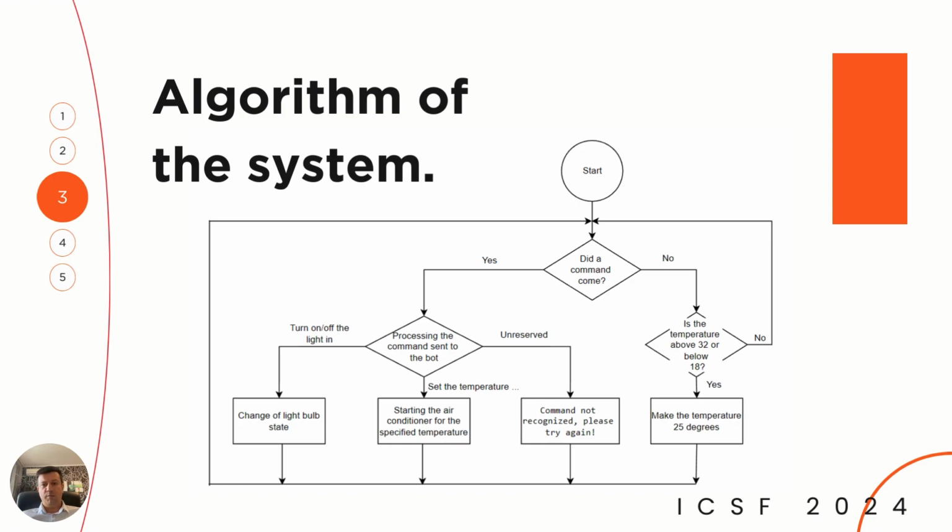Receiving a text command from a user, processing the text command using natural language analysis, next determining the action to be performed based on the processing of the text command, interaction with the storage system to obtain information about the temperature in the house, application of the temperature control algorithm to change the setting of the thermoregulation system in the house, updating the temperature data in the storage system, and sending a response to the user with the results of the action performed.